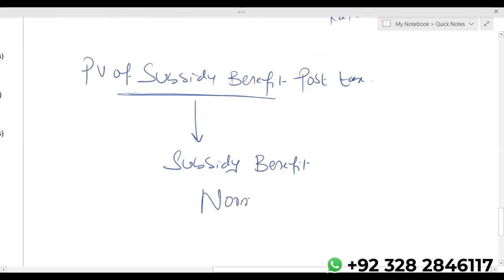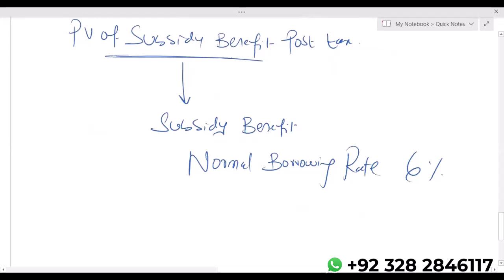Normal borrowing rate. Assuming the normal borrowing rate is 6%, and the government is willing to give you the loan at, let's say, 2%. Assuming RF in the question is 3.5%.